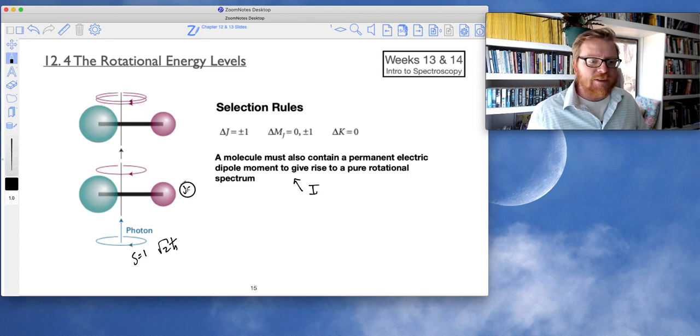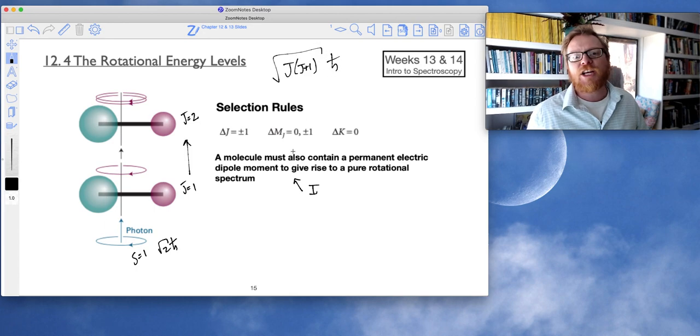So suppose this is the J equals 1 level, and this is the J equals 2 level, we know going from 1 to 2 is also going to give me root 2 h bar, right? It's going to be root J times J plus 1 times h bar for the angular momentum, okay? So that means this molecule going from J1 to J2 will have absorbed root 2 h bar angular momentum.